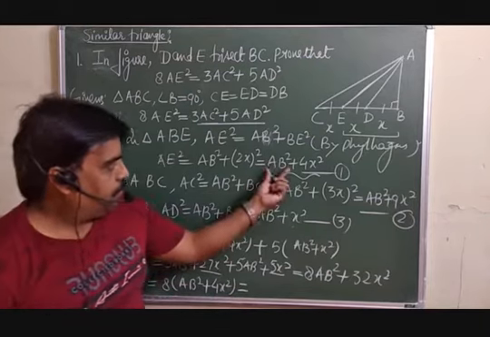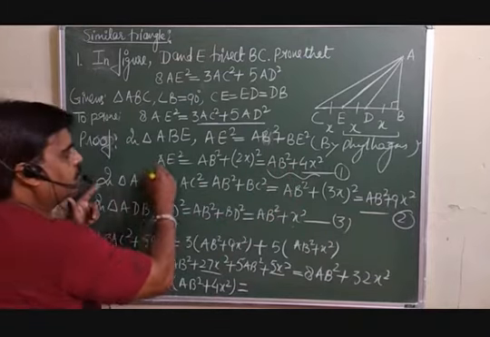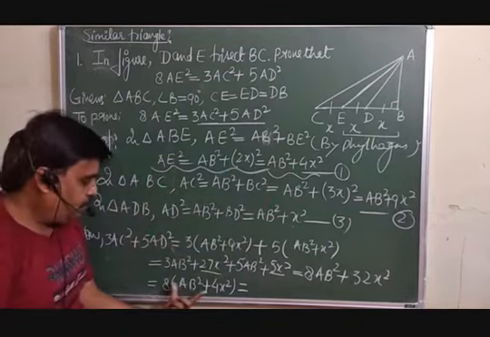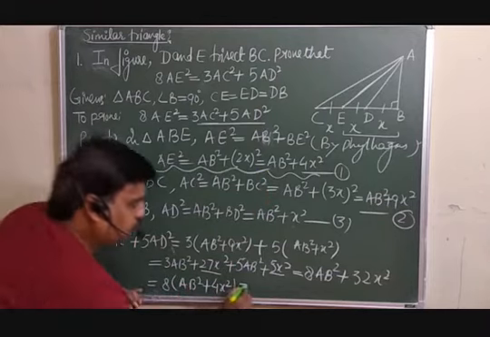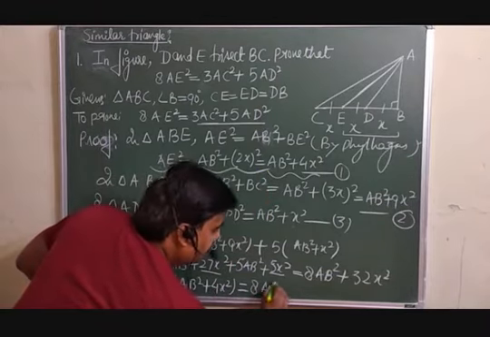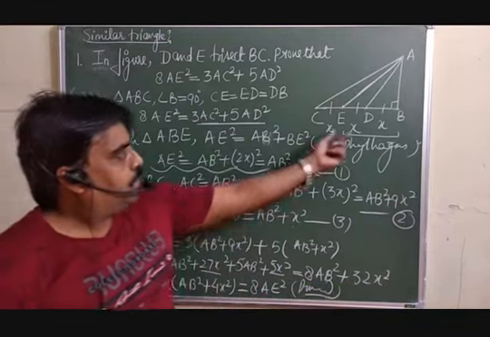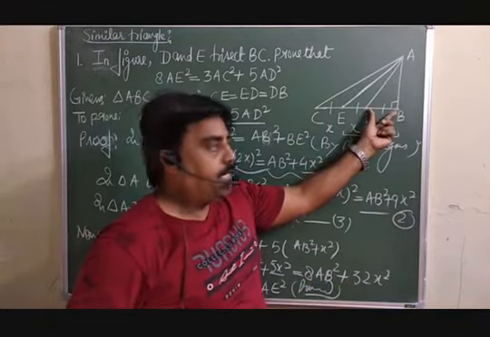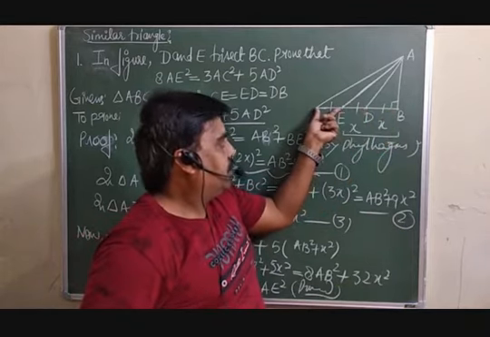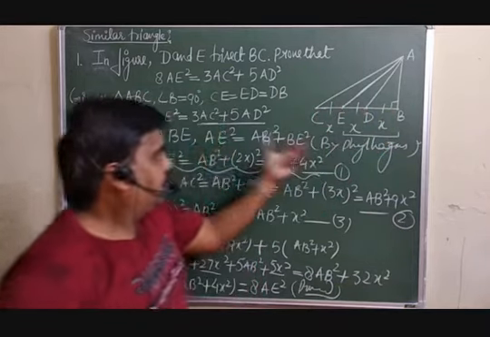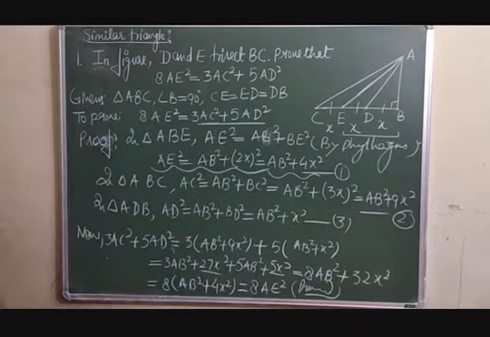And AB square plus 4X square is equal to AE square, so in place of this you can write AE square. So this is equal to 8 AE square, and this is your proof. The most important point is that BD is X, DE is X, and CE is X, so easily you can do that. Have a look.